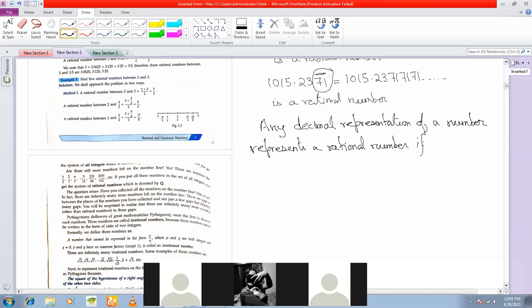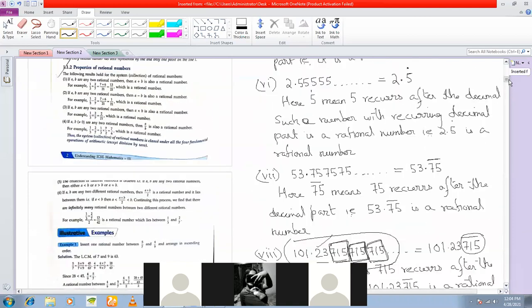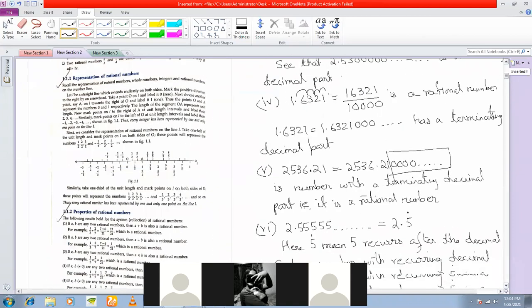if, number one, the digits after the decimal point truncate. Like the example that I gave you here, the decimal was truncating, right? So that is why this is a rational number.